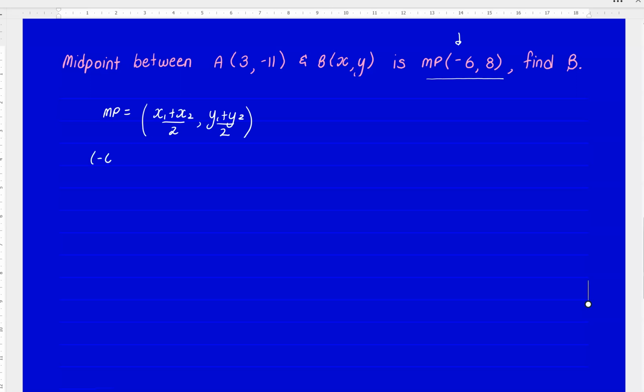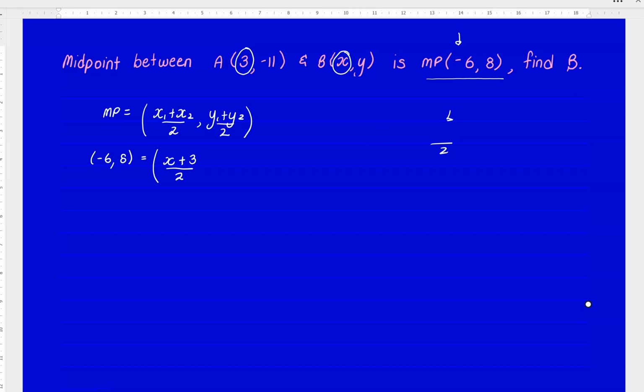So it's minus 6 and 8. And that's going to equal x1 plus x2. So here's an x and here's an x. Now, it doesn't matter if I write 3 plus x over 2 or x plus 3 over 2. I prefer keeping my unknown first, but it doesn't really matter.